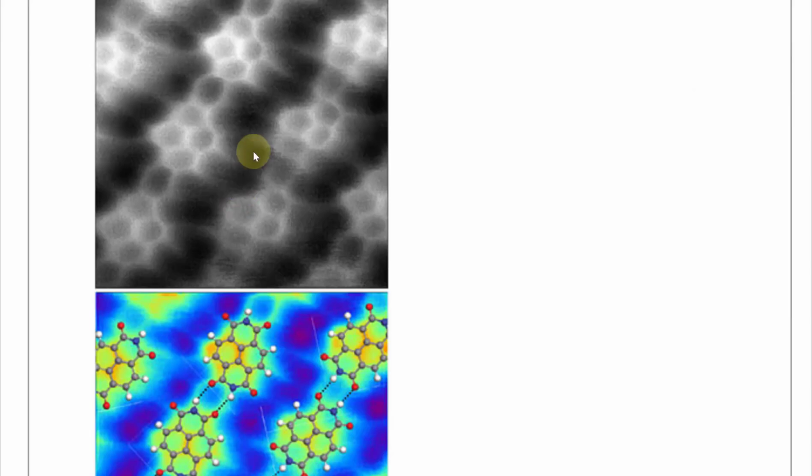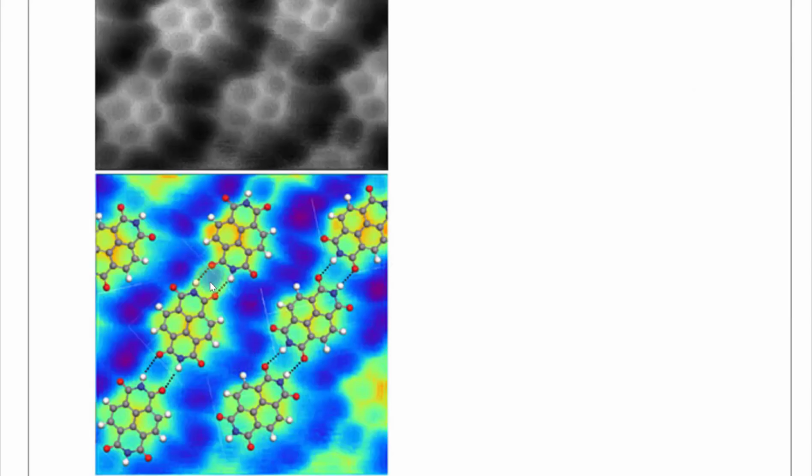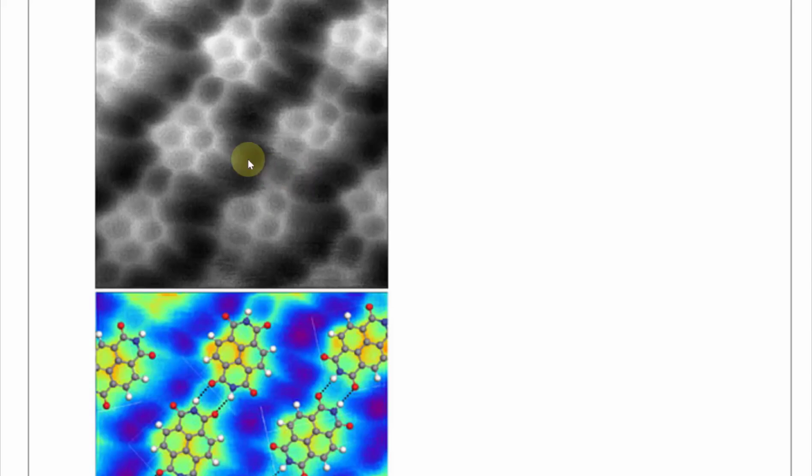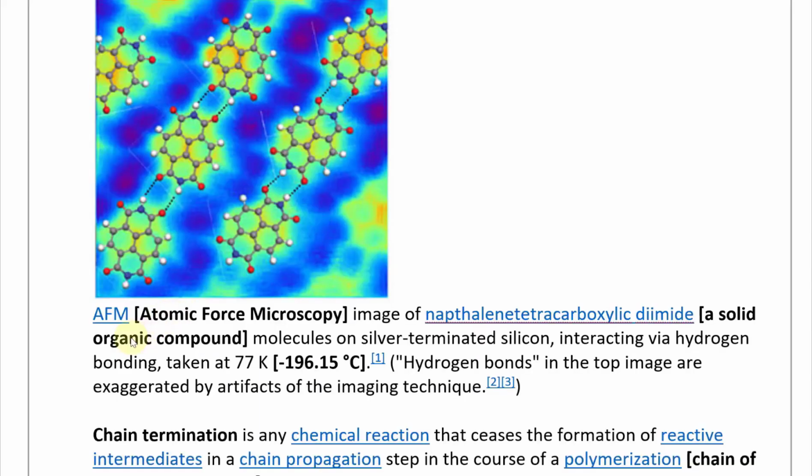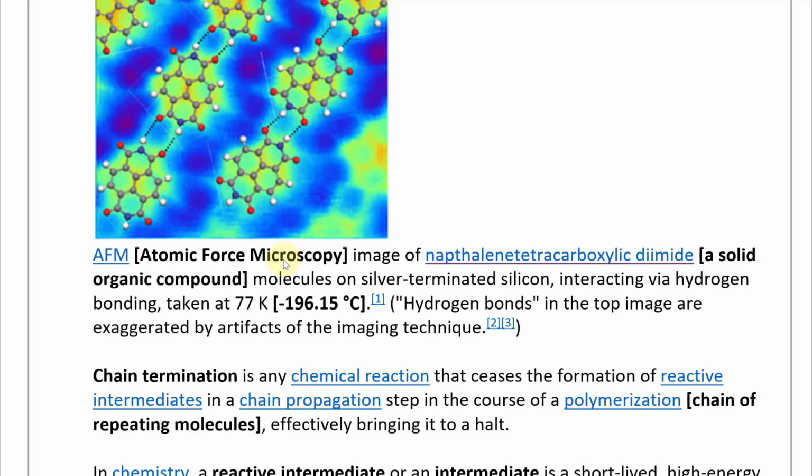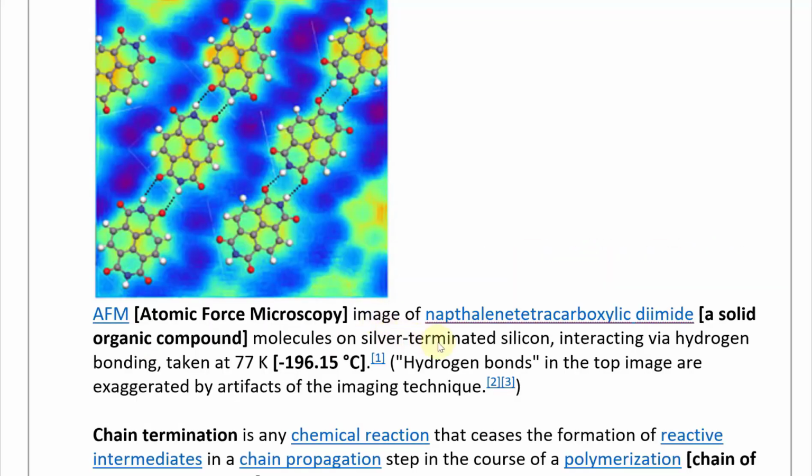And here is an atomic force microscopy image of these hydrogen bonds right here. These little dashes there are exaggerated over here, and you can see them a bit. This is an AFM image of naphthalenetetracarboxylic diimide, which is just a solid organic compound, molecules on silver terminated silicon interacting via hydrogen bonding, taken at 76 Kelvin or minus 196.15 degrees Celsius, so very cold.